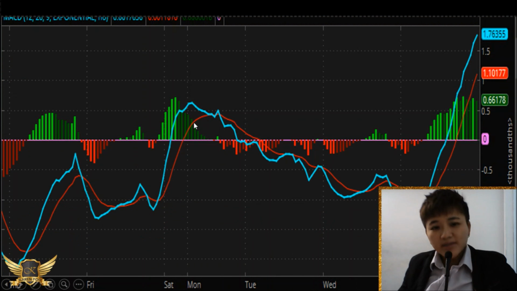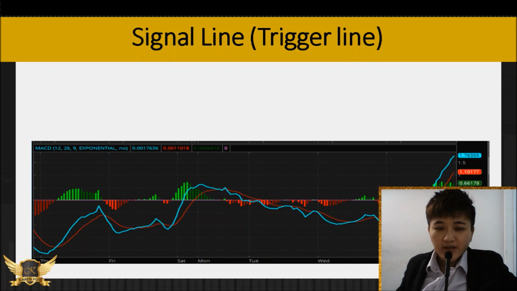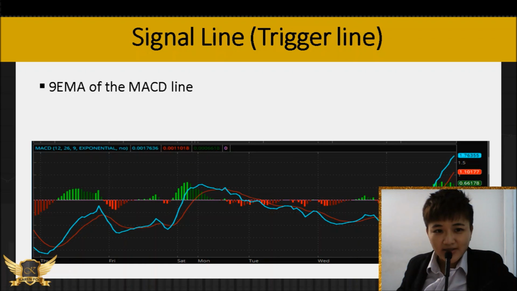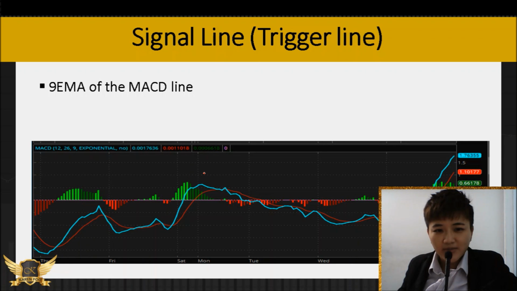Okay, so that's the MACD line, and then we still have another line, which is your signal line, this red line over here. So what's the signal line all about? Some people call it signal line, some people call it trigger line. But basically a signal line is the 9 EMA of the MACD line. What do I mean by that? Your MACD line is, remember, this blue line right here.